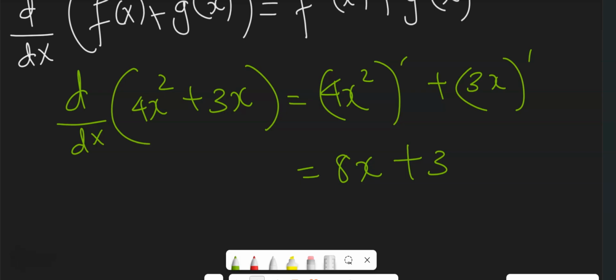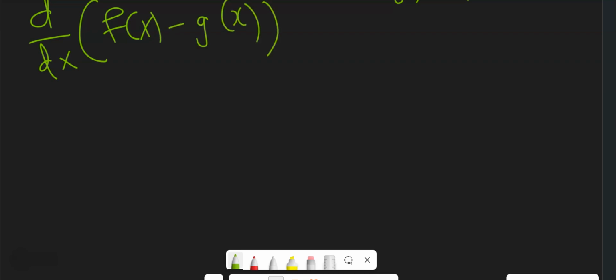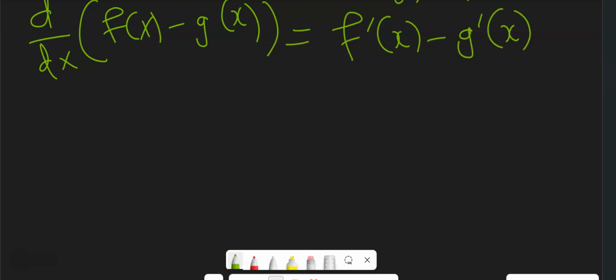So you proceed to the second rule. The second rule is the rule of subtraction. So d/dx of f(x) minus g(x) will be given by f'(x) minus g'(x).